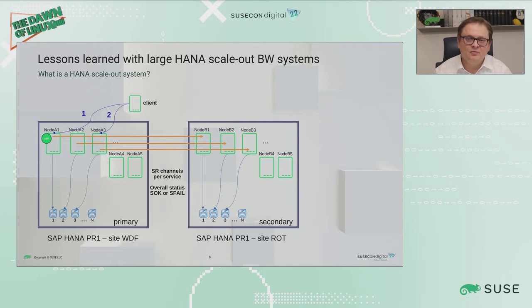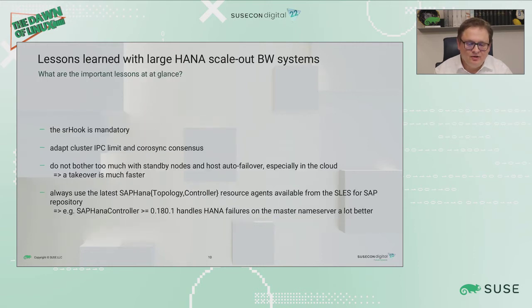And Lars talked about the srHook and SOK and SFAIL, which means the state of the system replication as it appears in the cluster.